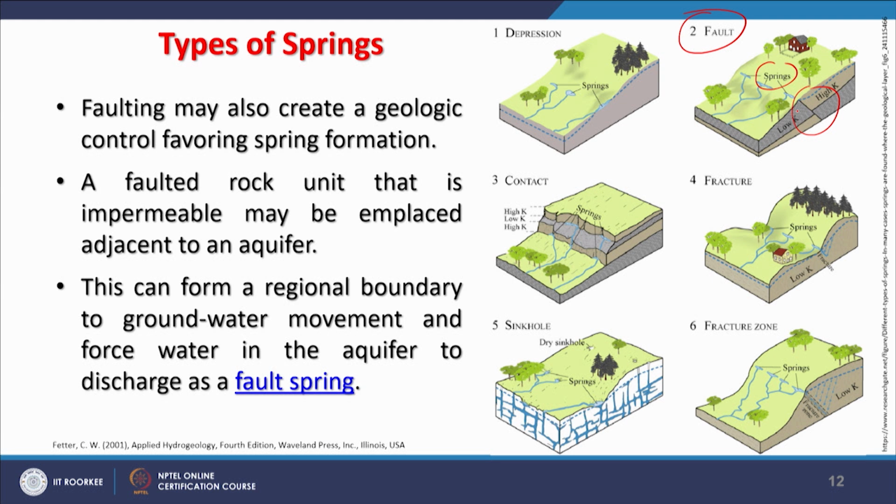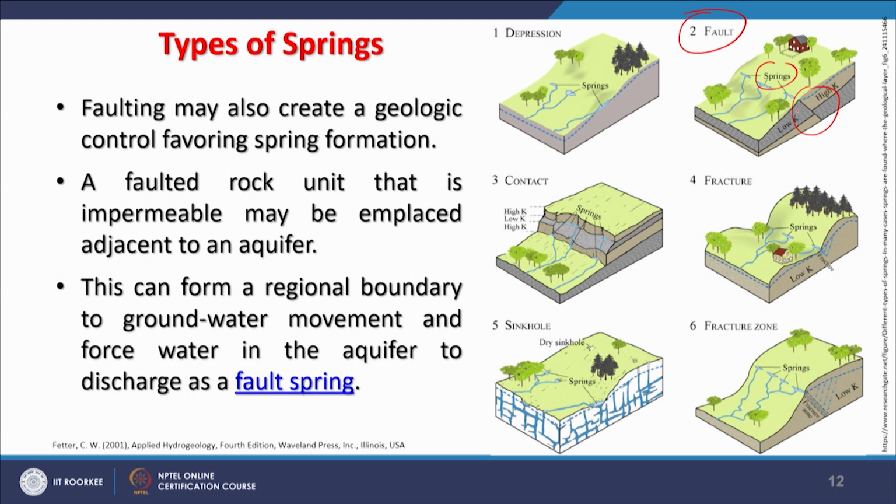Suppose a village had a perennial spring, now there is no water. Because of seismic activity, the faulting has occurred and that has disturbed the entire setup for the spring, and no more spring. However, at some other locations, suddenly after the earthquake a spring may come up. So, faulting and seismic activities also disturb a lot of springs as well.